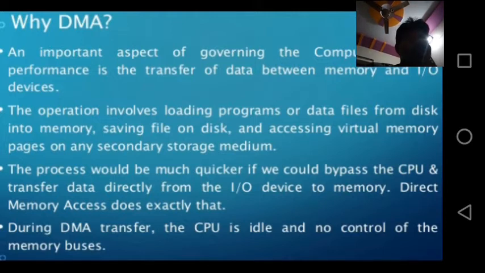You may also want to save a large server log file onto the hard disk, or during virtual memory operation, pages have to be transferred from secondary storage to main memory. The process would be much quicker if you could bypass the CPU and transfer data directly from IO devices to memory. Direct memory access does exactly that. During DMA transfer, the CPU is idle and has no control of the memory buses.